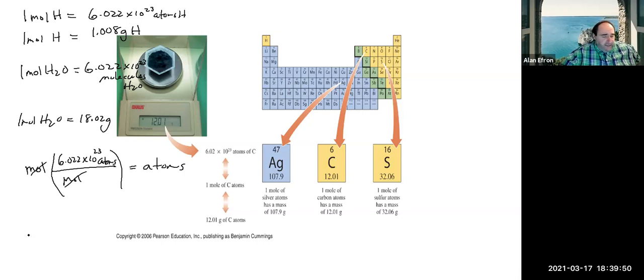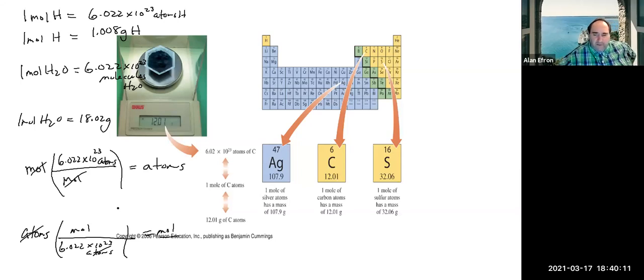And vice versa here, if you started with atoms or molecules or whatever it may be, you would use Avogadro's number there on the bottom, basically divide by it, and moles up on top. Atoms would cancel, and that would leave you with moles in this particular case. So that's how you would set up the conversion. Any questions on that there?